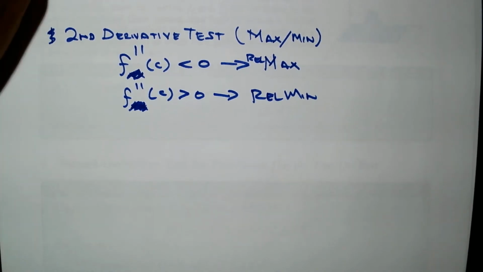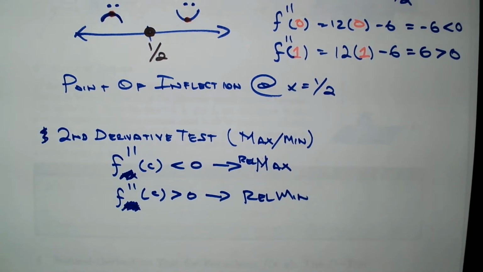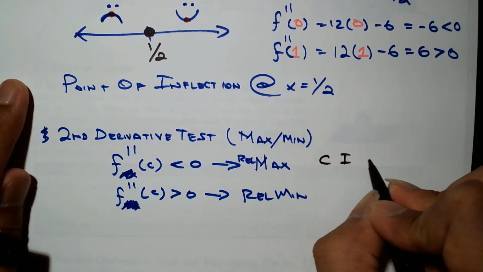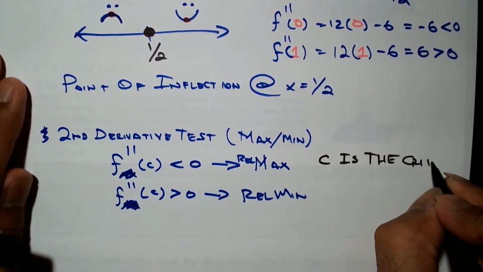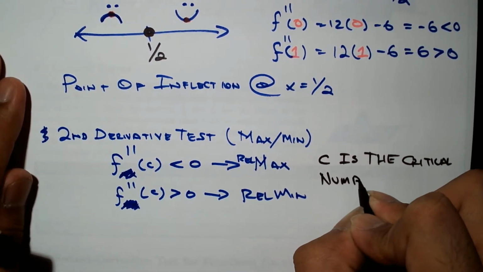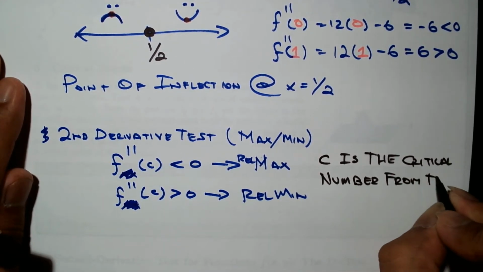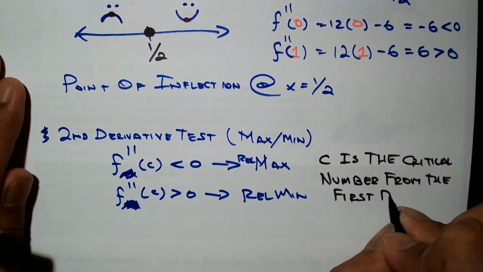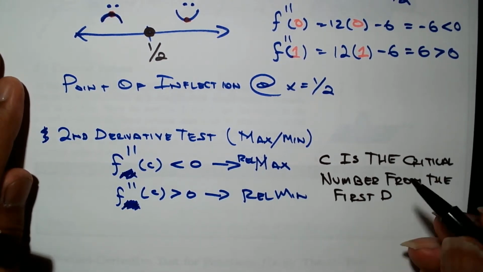Now we're going to use the second derivative test, but I'm going to evaluate. Oh, by the way, I need to be very precise. c is the critical number from the first derivative, aka the first generation critical number. All right.